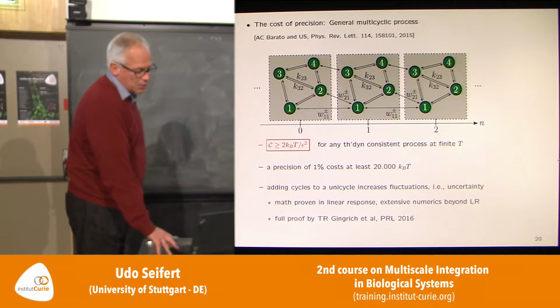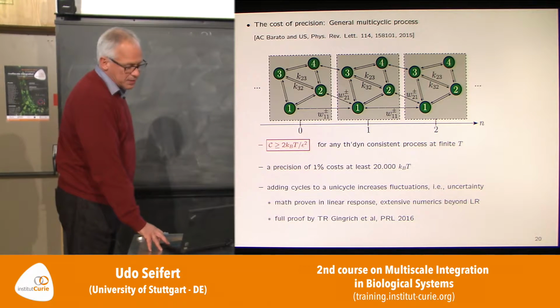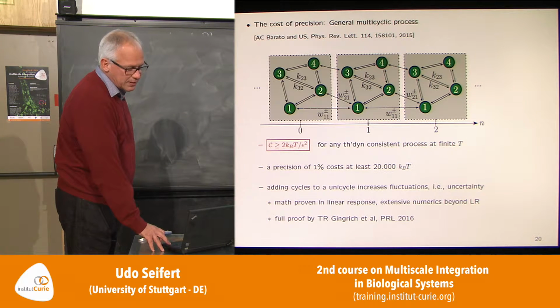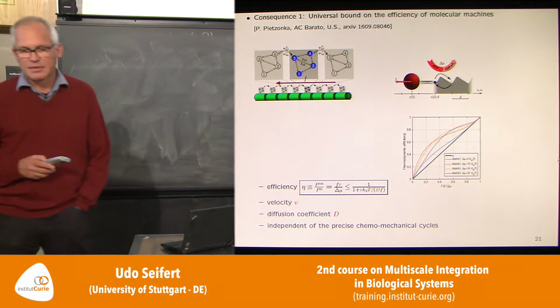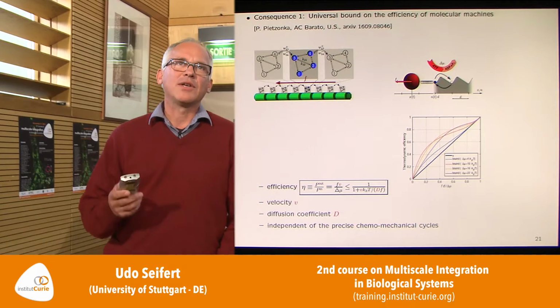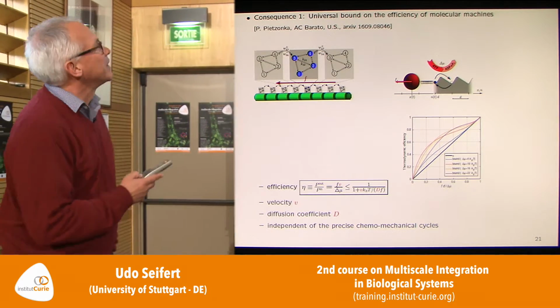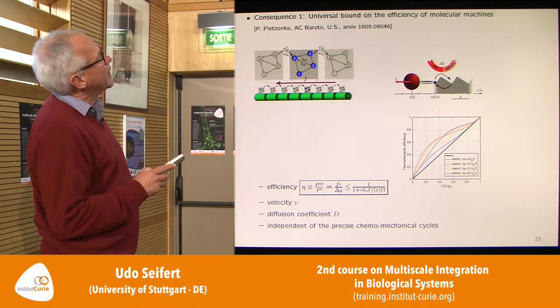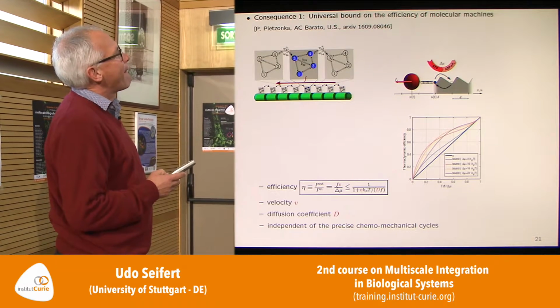Okay, so let me show you two consequences of this result, and I'm sure we have not yet even thought about all possible consequences. Suppose you have a molecular motor, a molecular machine, and you don't know how it's wired. So you have something complicated which is running along this track against a force.